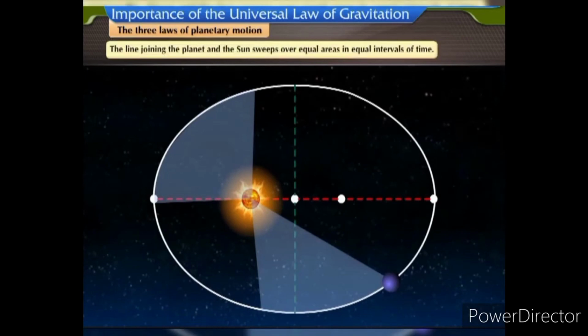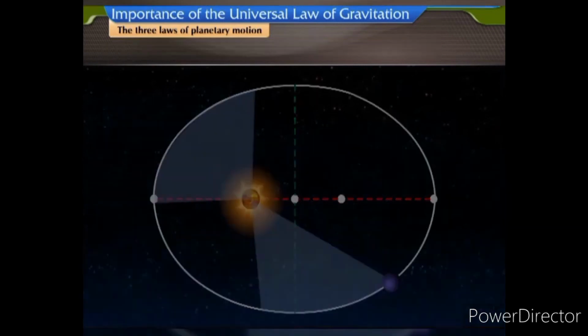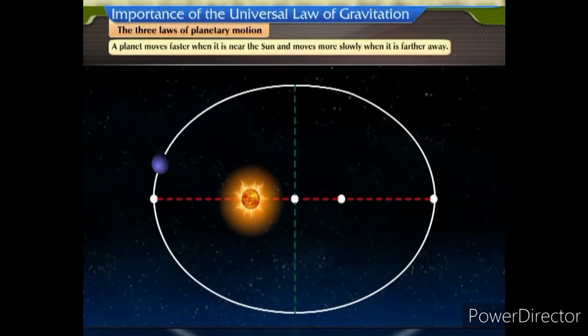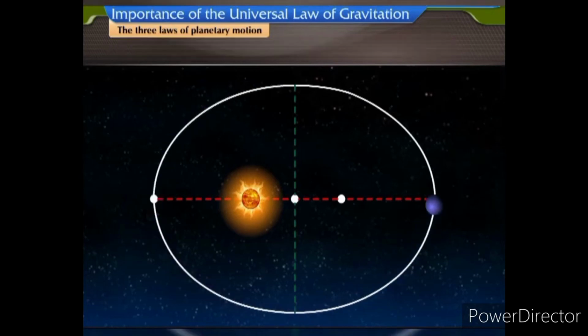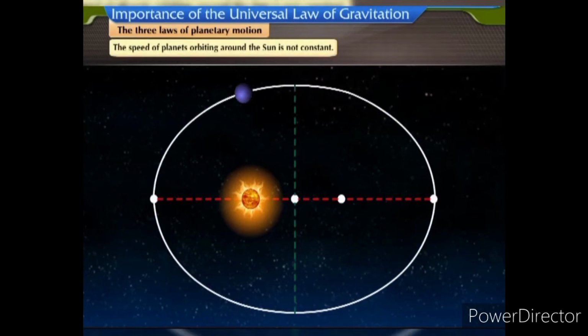Since the line joining the planet and the sun sweeps over equal areas in equal intervals of time, it means that a planet moves faster when it is near the sun and moves more slowly when it is further away. This implies that the speed of planets orbiting around the sun is not constant.